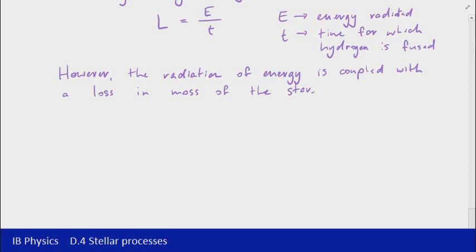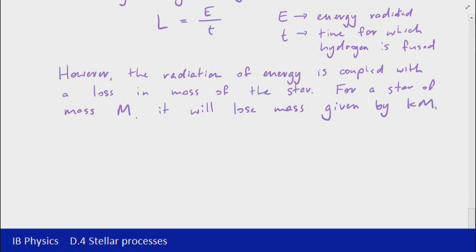So if we look at that proportion, for a star of mass M, it will lose mass given by the expression kM, where k is the proportion of mass that's been radiated.